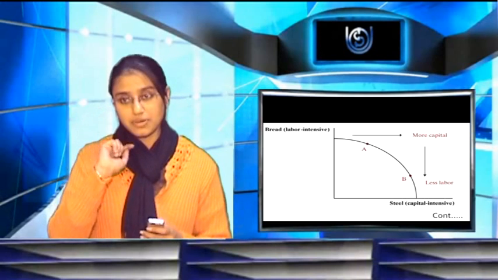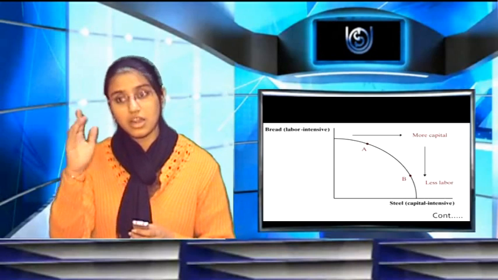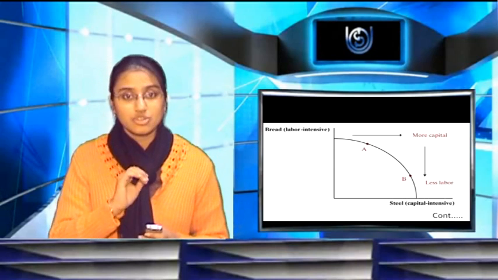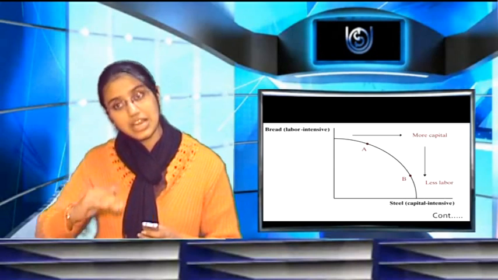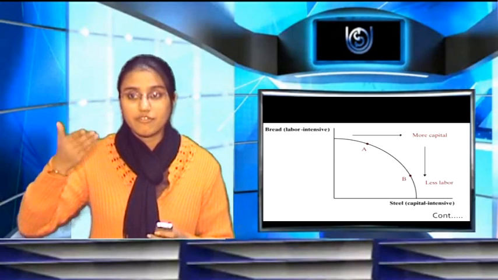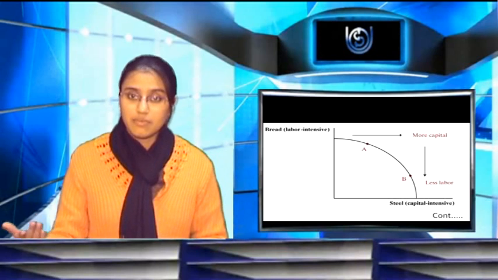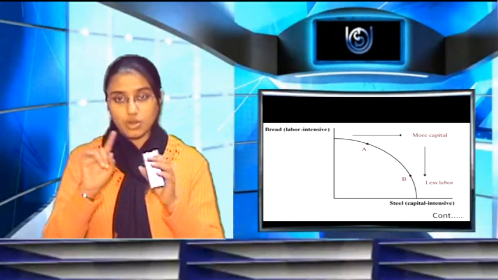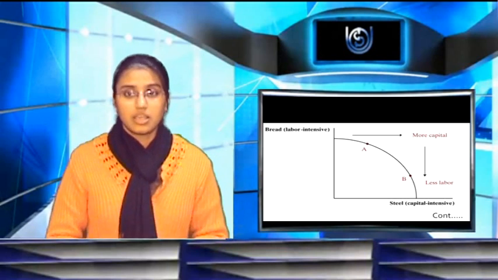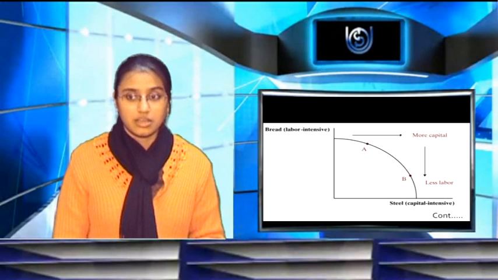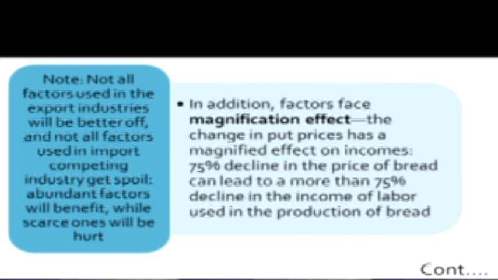So this is more capital. If we increase the capital, automatically we move towards more production of steel. If we increase the labor, automatically we move towards the production of bread. So that is what this diagram represents: the labor intensive bread and capital intensive steel concept.